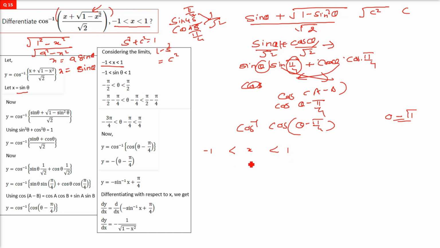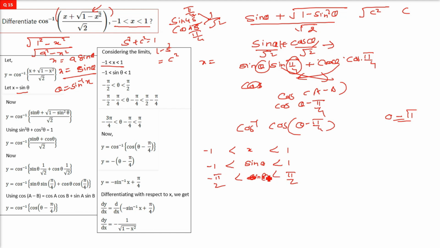Now x is actually sin theta you have put. So in place of x, just replace it by sin theta. So x is sin theta between negative 1 and 1, and we already know it is between negative pi by 2 and pi by 2.